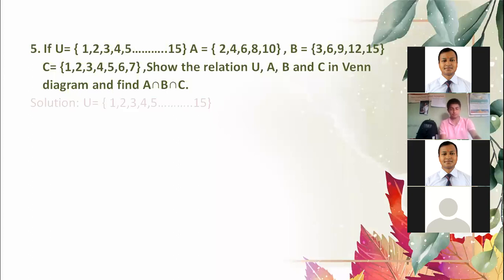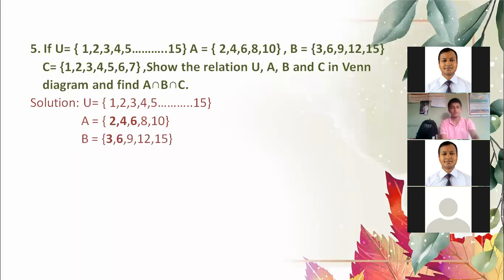So the first set is U: 1, 2, 3, 4, 5 up to 15. Second set A: 2, 4, 6, 8, 10. Third set B: 3, 6, 9, 12, 15. Next set C: 1, 2, 3, 4, 5, 6, 7.